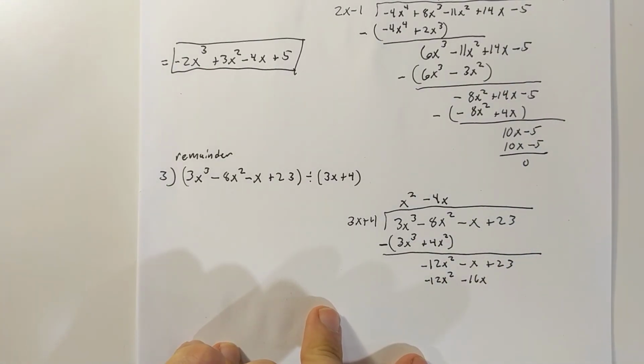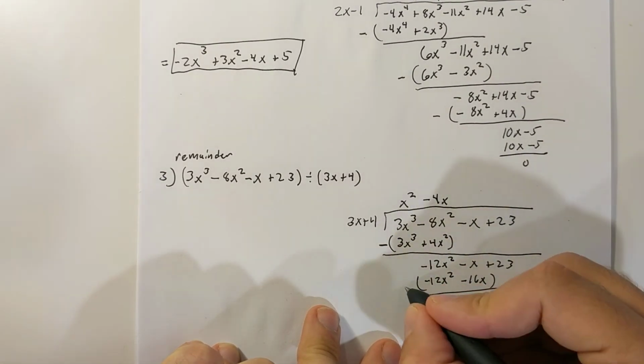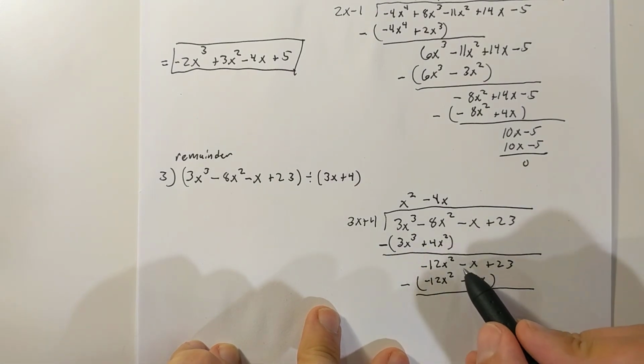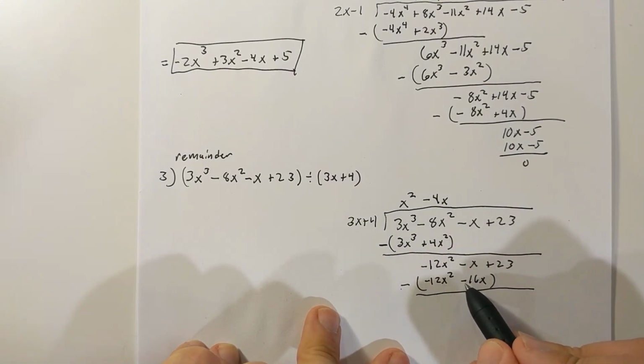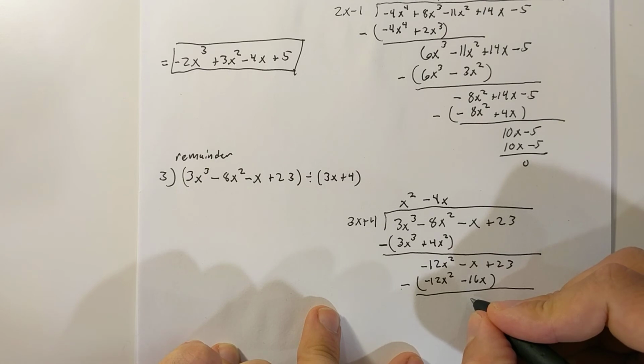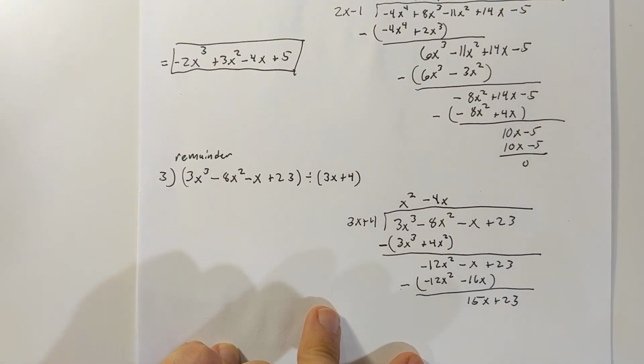All right? I'm subtracting. So when I subtract, negative 12 minus negative 12 goes away. But negative x minus negative, well, that's going to be plus. So negative x plus 16x, that's going to be a 15x plus 23.